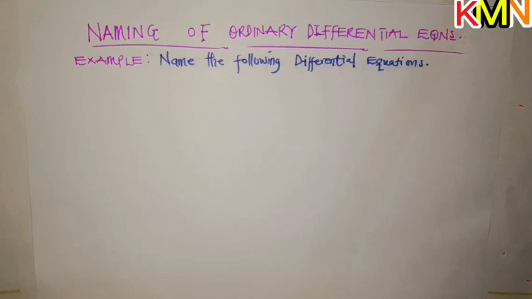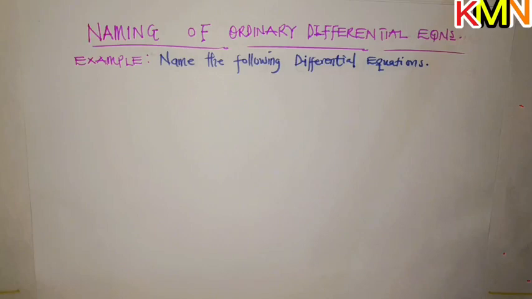Today we are looking at naming of ordinary differential equations, and in this lesson we are going to look at differential equations and see how to name them. And whenever you are asked to name a differential equation, remember that the three main categories that we looked at will be considered.